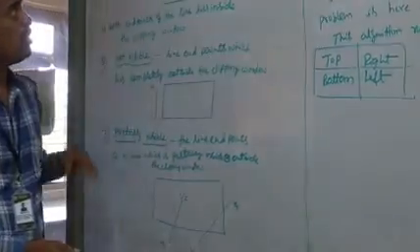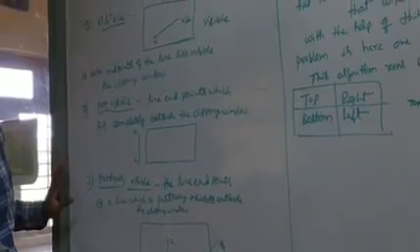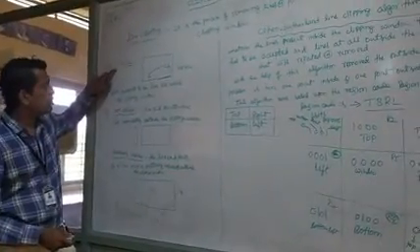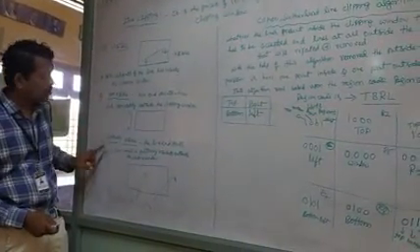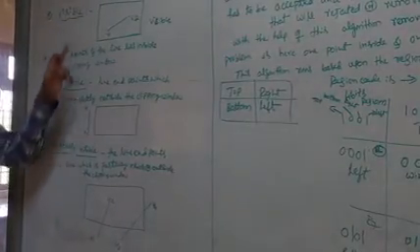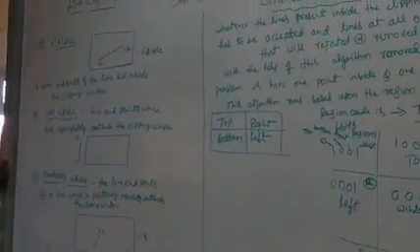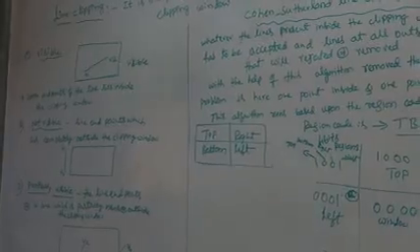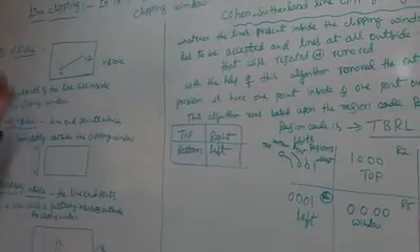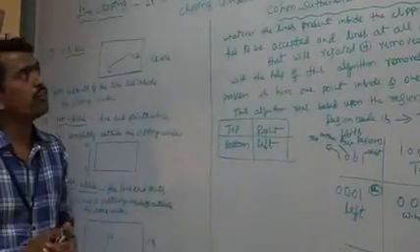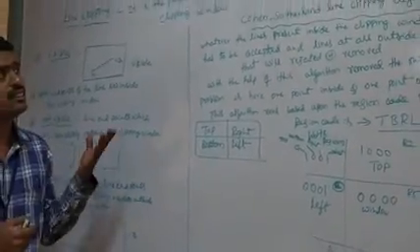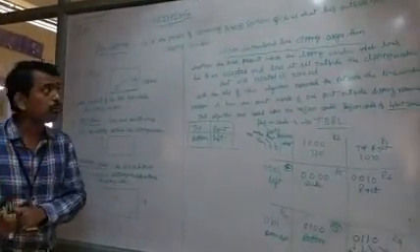These are the different types of lines: visible, not visible, partially visible. So line clipping is the process of removing the portion of the lines that lies outside the clipping window.